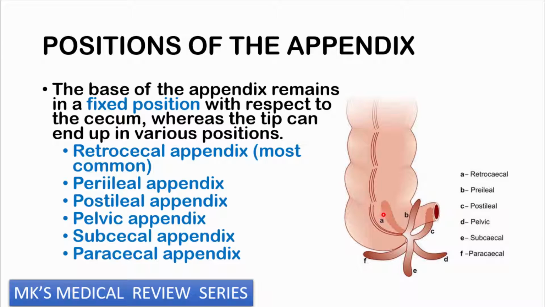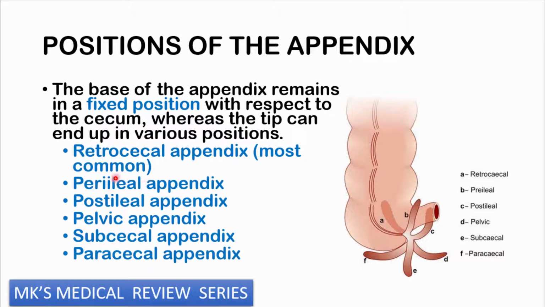You have the pre-ileo appendix, which is what's depicted as B. Pre-ileo, before the ileum. Then you have the post-ileo, after the ileum, which is abbreviated C here. You have the pelvic, which is D. You have the subcecal, which is E. And you have the paracecal. So those are the 6 positions.